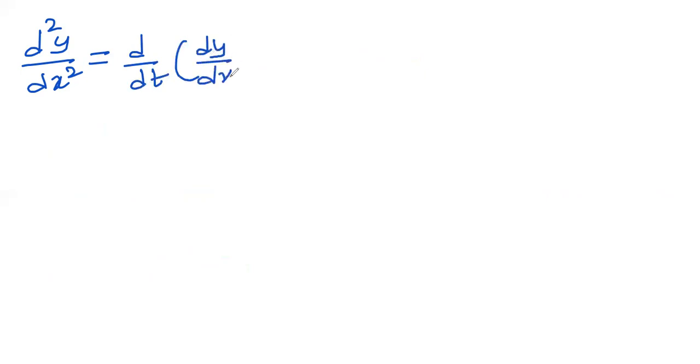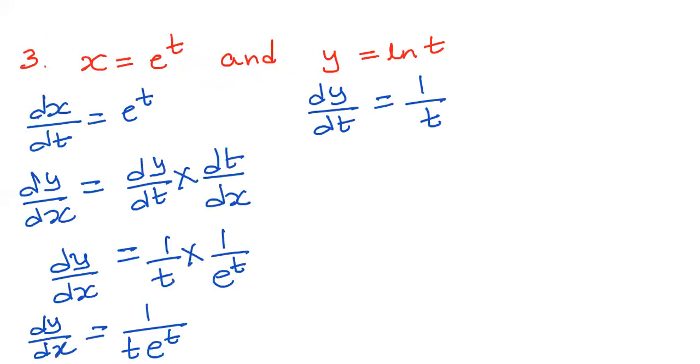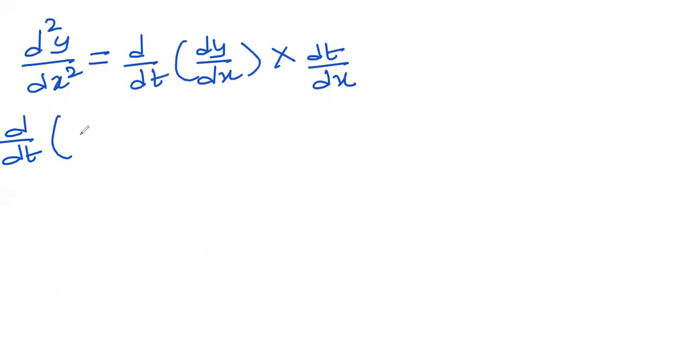What we want is d squared y over dx squared, which is going to be d over dt of dy over dx times dt over dx. So now we have to differentiate dy over dx. What we got dy over dx is 1 over t e power t. So I will write this as t to the power of minus 1 e power minus t.